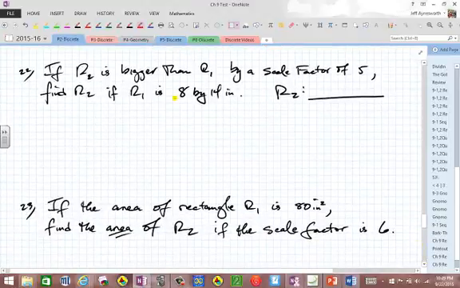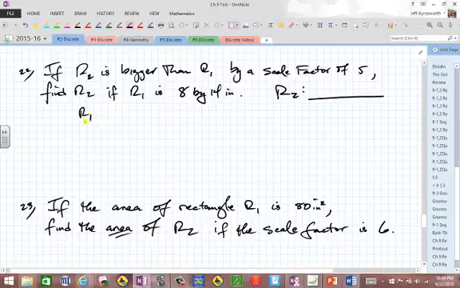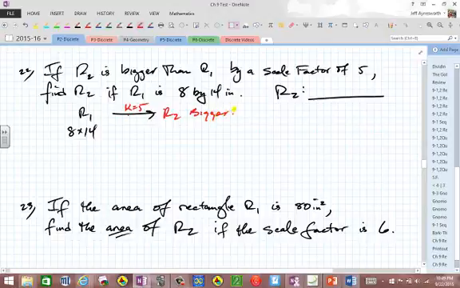Okay, number 22. If R2 is bigger than R1 by a scale factor of 5, find R2. If R1 is 8 by 14, and the scale factor is 5, R2 is bigger because it says so.